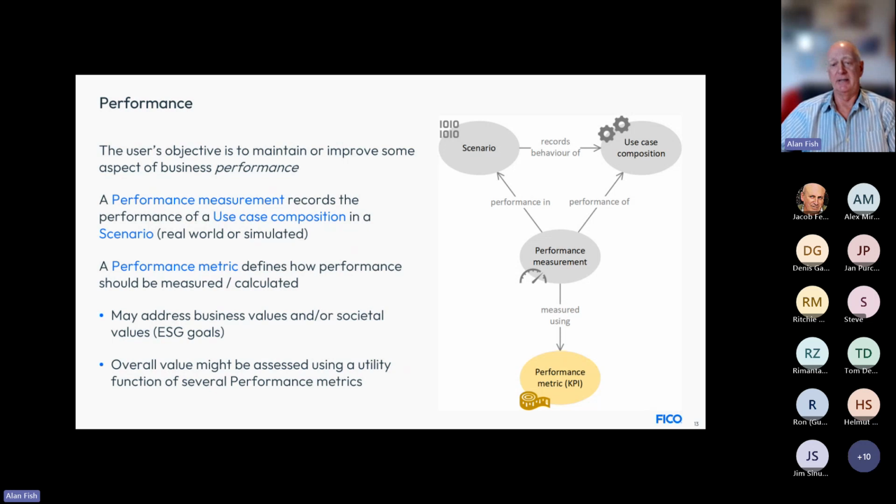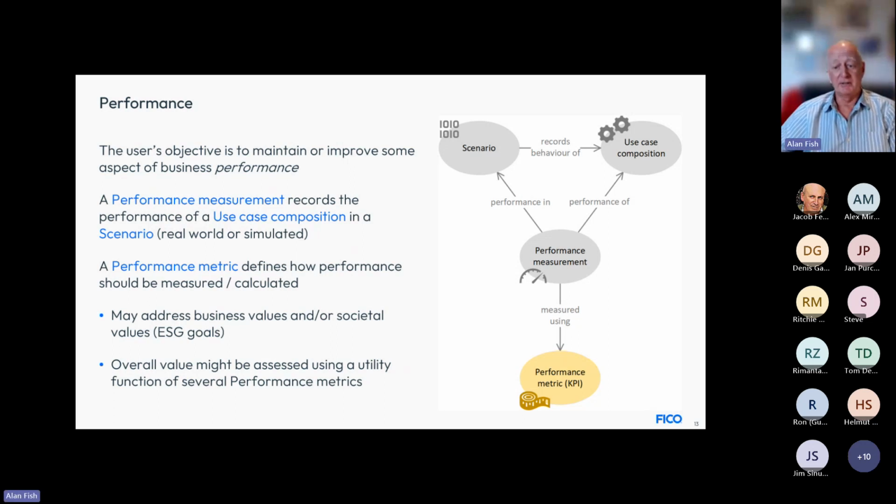So a scenario is a data set which records the execution of the solution in a certain world over a certain time period. It's usually a time series. It might be real or it might be simulated. But the point is that the measurement is very specifically a measurement of a particular composition in a particular scenario.